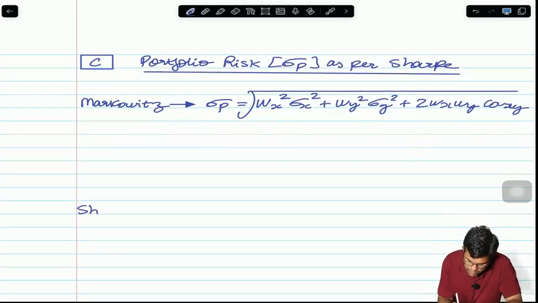Now Sharpe has given his own formula. Everybody clear?